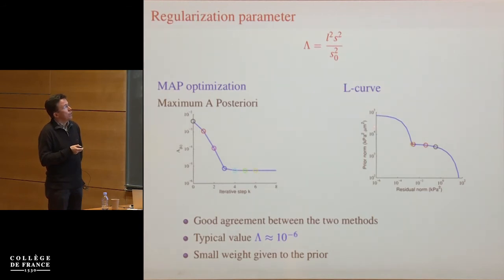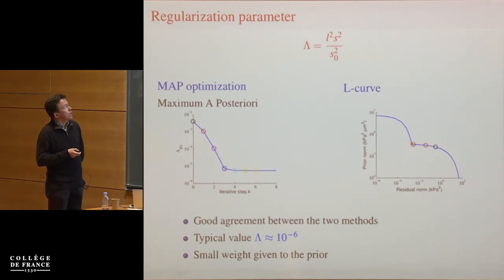For small values of lambda, regularization is weak, which means that the prior norm is going to become large. For very large values of lambda, we make a larger mistake in the estimation of the stress, which is also not very good. The optimal point is intermediate between these two extreme cases, and is typically found at this corner of the curve, which has, roughly speaking, the shape of an L, hence the name of the method, the L-curve.